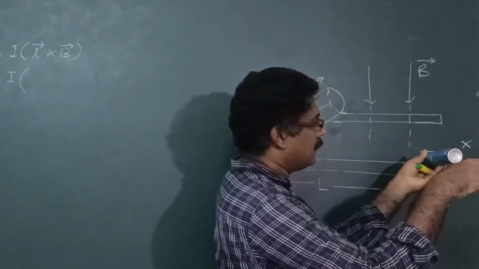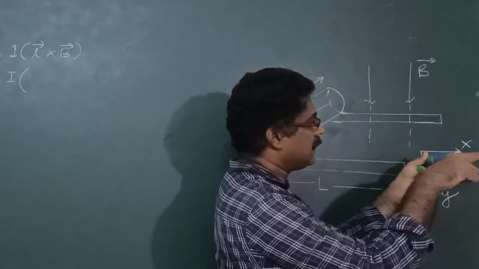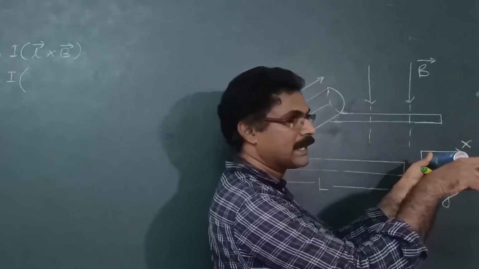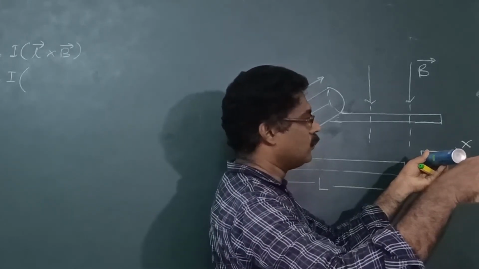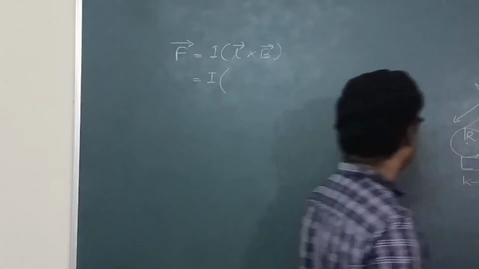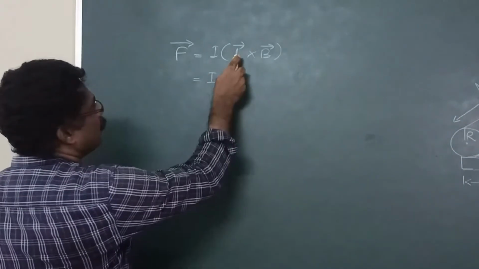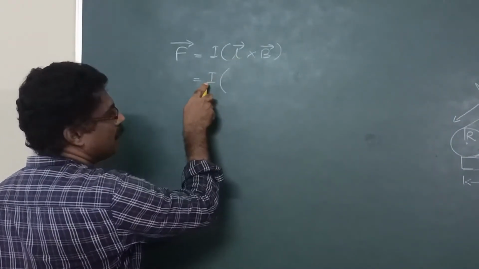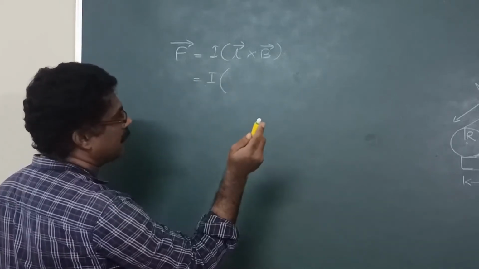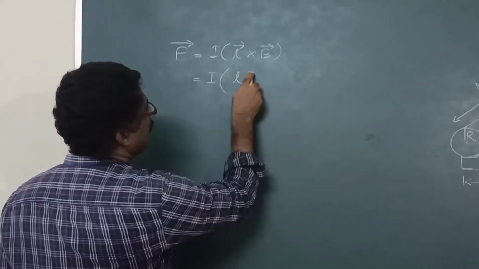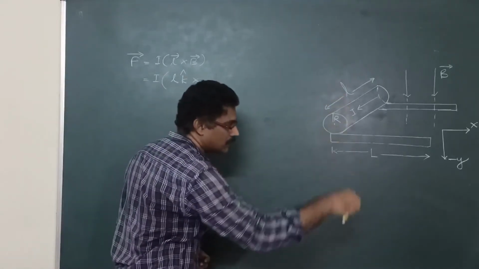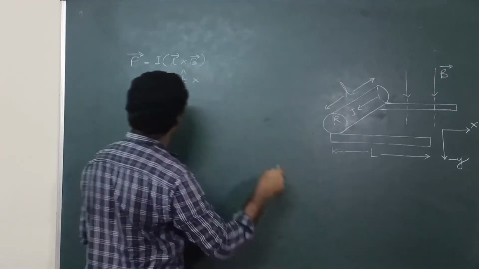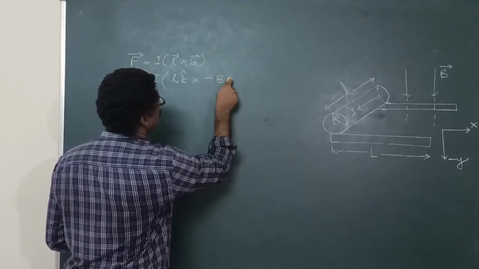Okay, and the direction is taken in the direction of the current. So current is in this direction, that is positive z direction. So we can take the direction of L is in the direction of current, that is in positive z direction. So it is L k cap cross magnetic field along negative y direction. So it is minus B j cap.